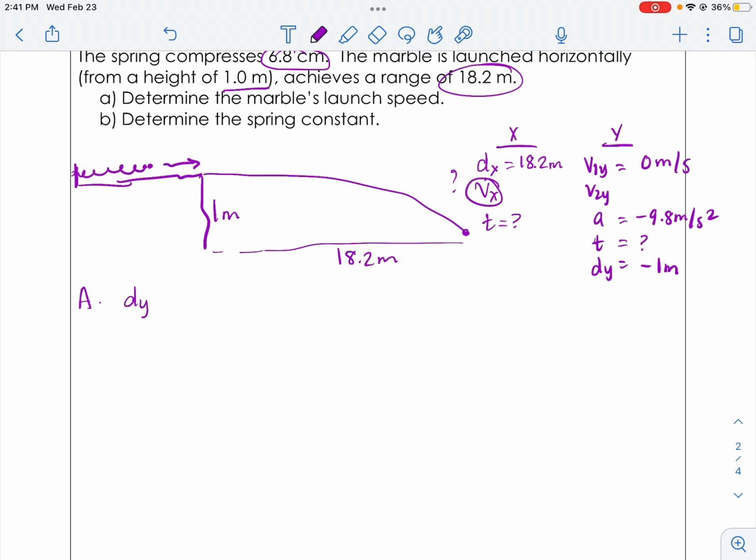dy equals v1y t plus 1/2 a t squared. Initial velocity in the y is 0. So we've got -1 equals 1/2 times -9.8 t squared. So I've got -2 equals -9.8 times t squared.